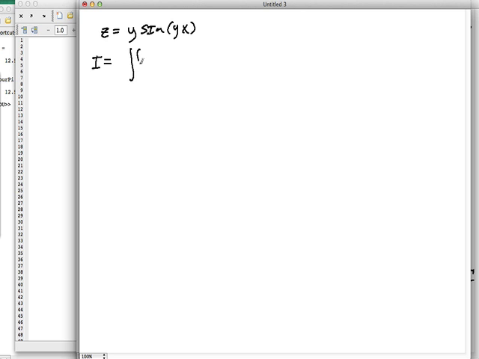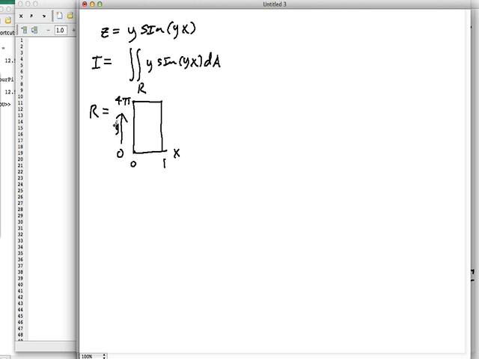And it's going to be the integral over the rectangle of y sine yx dA. All right, and so the rectangle in question here, I'll write it out like this, it's going to be 0 to 1 in the x-axis, and it's going to be 0 to 4 pi in the y-axis, like that.